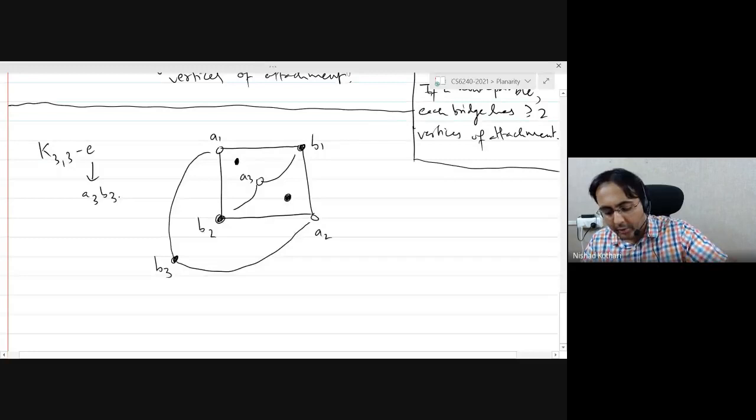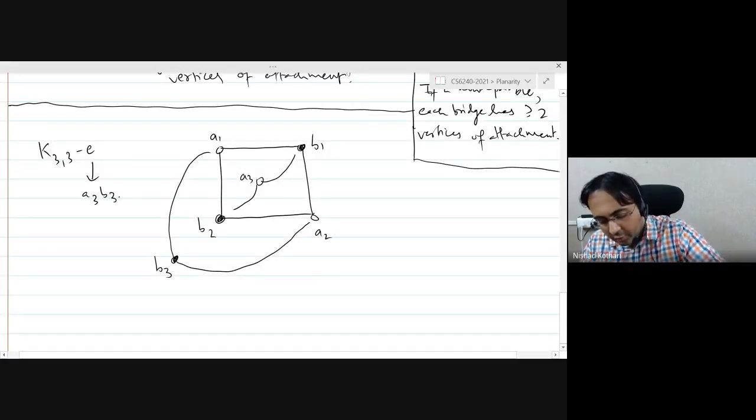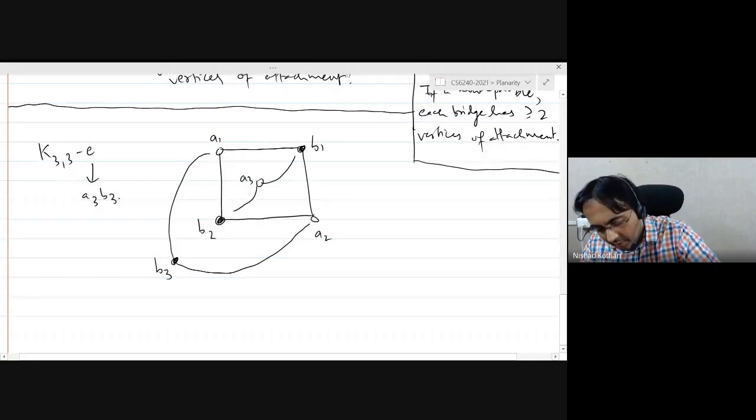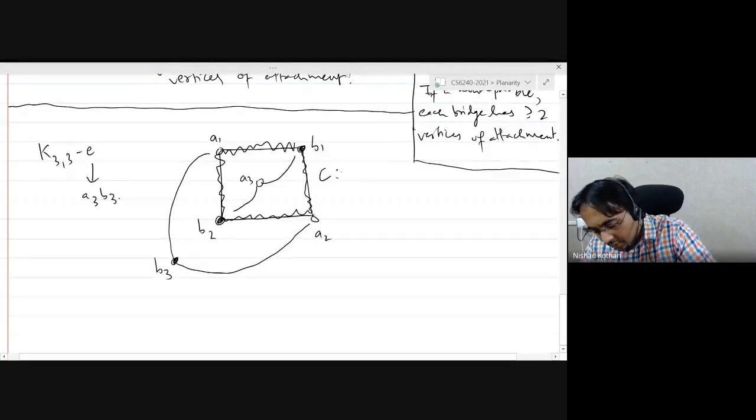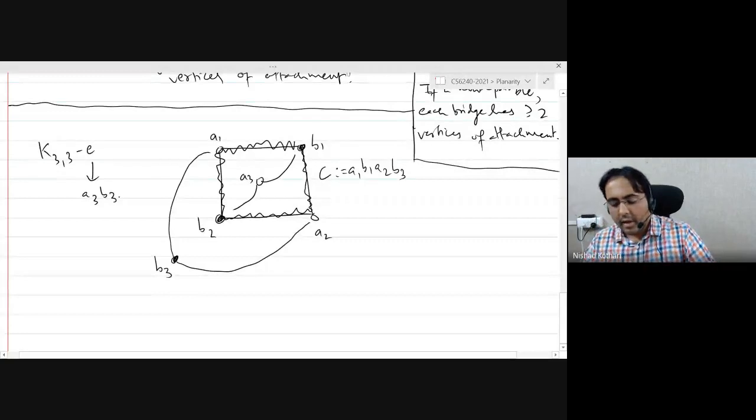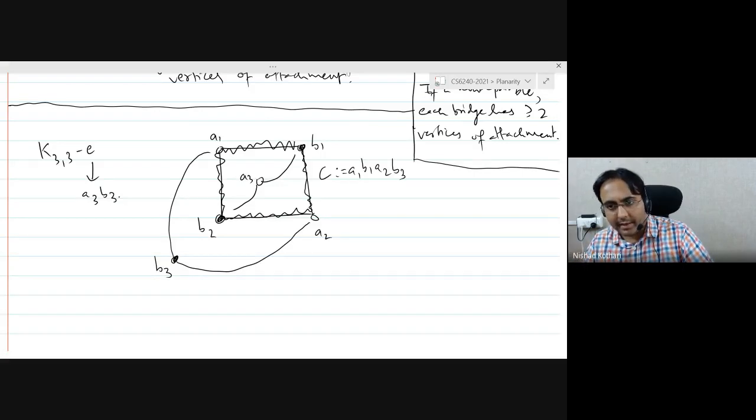I will be able to join to A1 but not to A2. So these are two bridges of the cycle, where the cycle is the four-cycle A1, B1, A2, B2. If I put one inside the cycle, then I am forced to put the other one outside the cycle. Right?